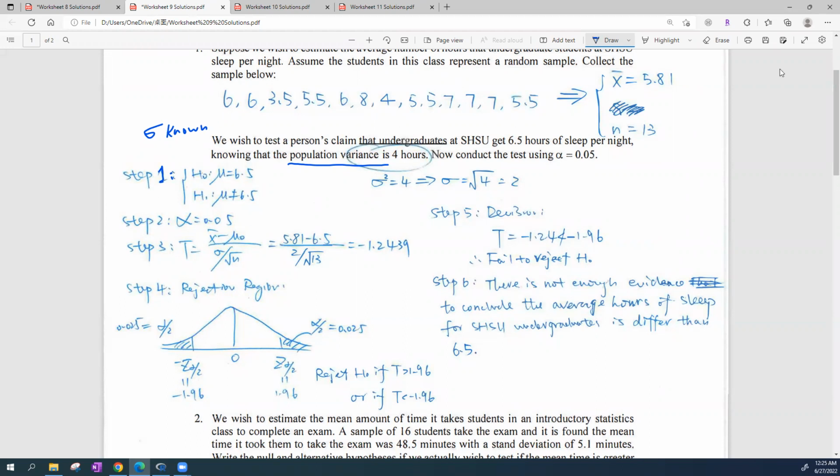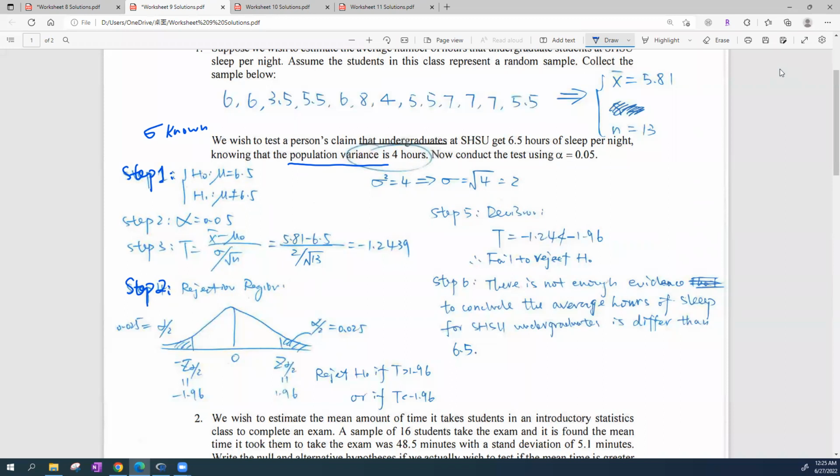And step 2, we want to find the critical value or the rejection region. So let's change that here. Step 1, the null and alternative hypothesis. Step 2, the rejection region.